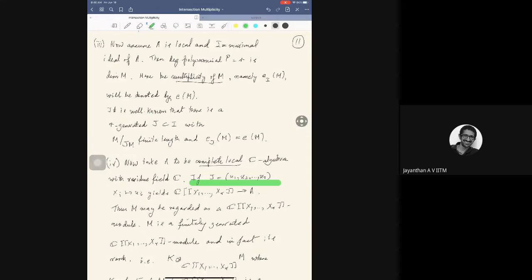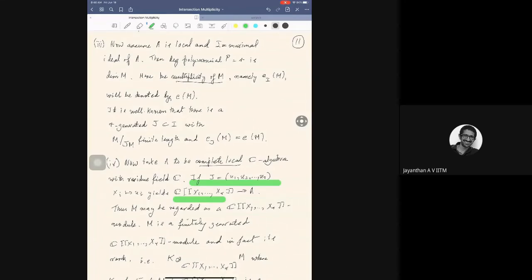So let me just say it in words. You have this ring A, and you have some elements U1, U2, ..., UR, which cut out something of finite length. I can think of your original ring as a module over this, or an algebra over that, by sending the uppercase Xi to Ui. Right?